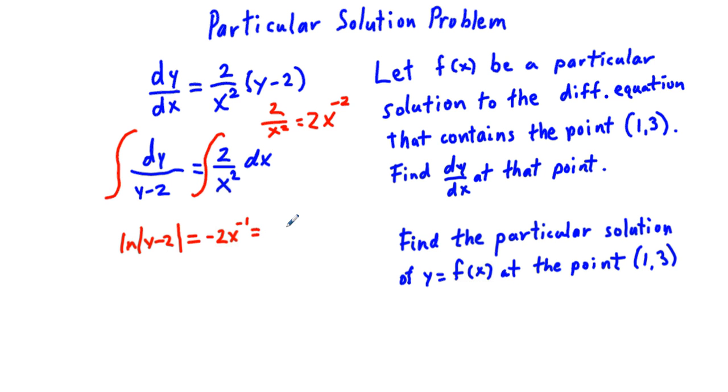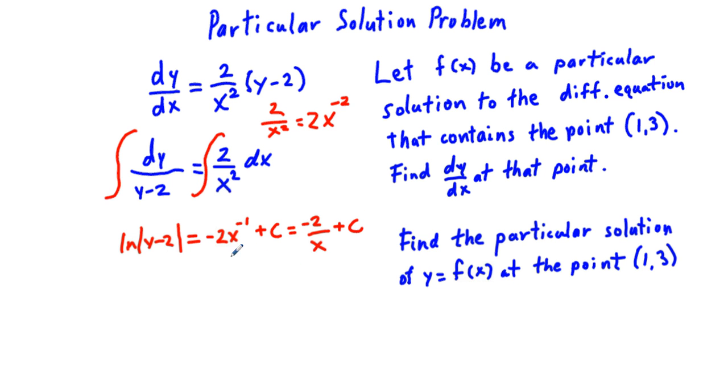Oh, I forgot the plus c. We had a plus c from the left side when we did this integration, and on the right side we just sum it all up in 1. That's going to be equal to negative 2 over x plus c.